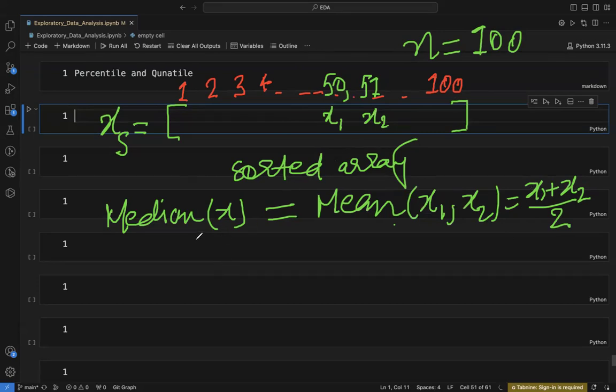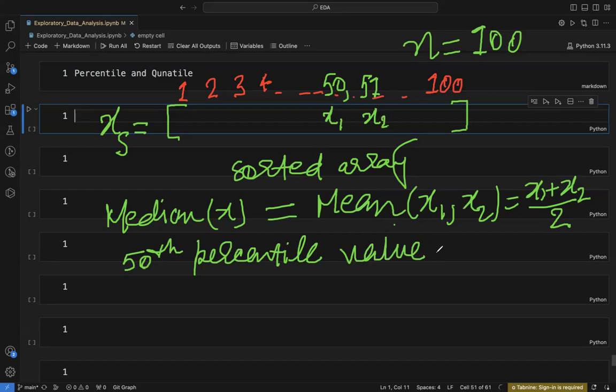We have taken the 50th percentile value. The 50th percentile value of x is basically x at 50, which is my median.